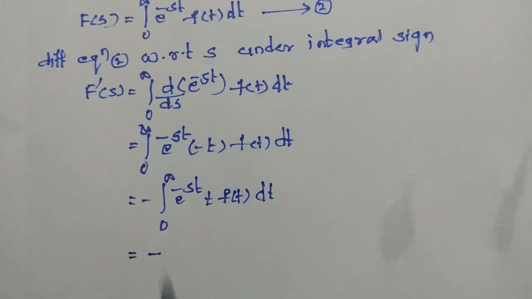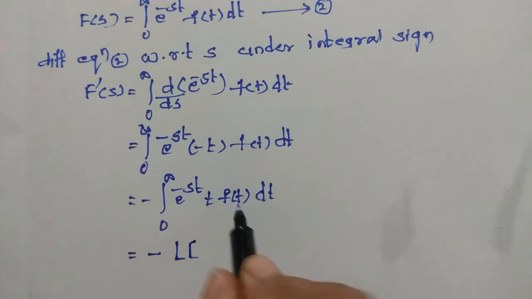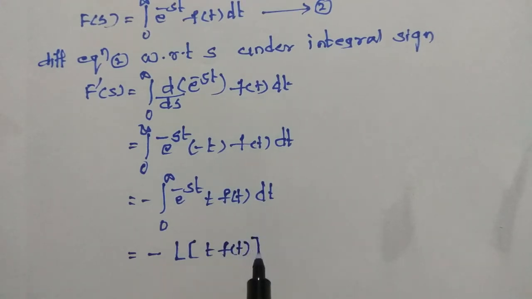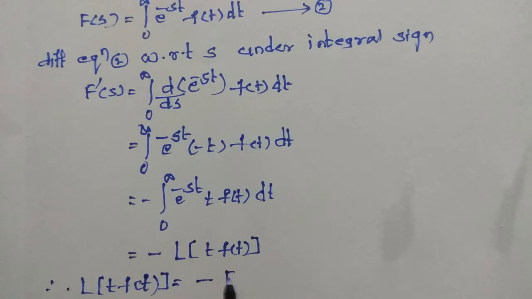So we write it as minus of Laplace of, in place of f(t), we have t into f(t). Therefore, we write Laplace of t into f(t) is equal to minus of F dash of s. Name it equation 3.